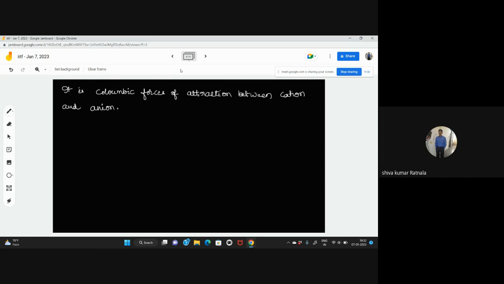Between the positive ion and the negative ion there is attraction, and this Coulombic force of attraction is called an electrovalent bond.